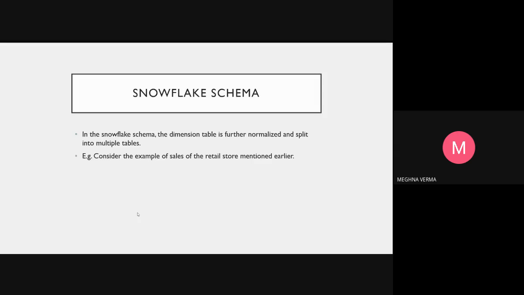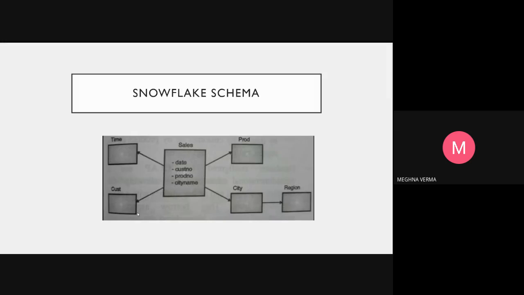The next one is the snowflake schema. In snowflake schema, the dimension table is further normalized and split up into multiple tables. We'll understand this with the help of an example. Here the same example is present as we have seen in the last slide. A sales table is present, and these are the dimensions: date, customer number, product number, and city name.